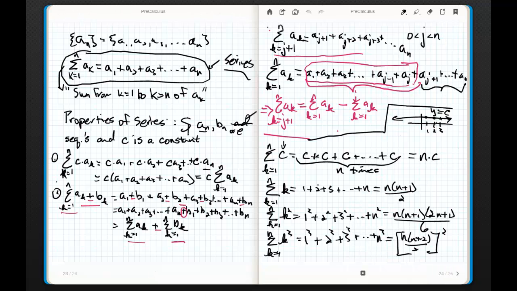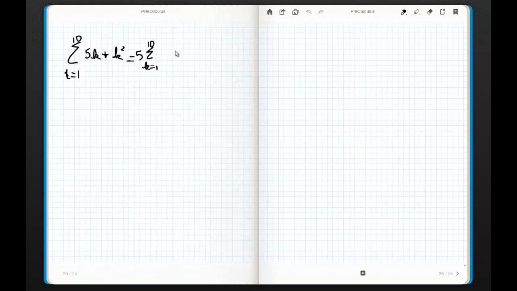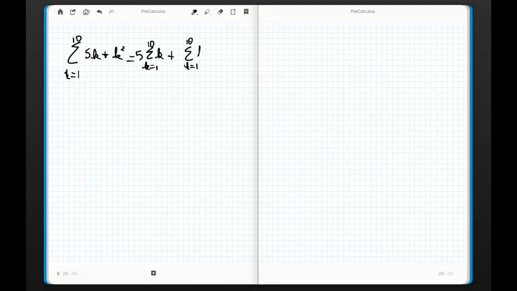Where's my property? Oh, here it is. So that's 5 times the sum of k, plus the sum as k goes from 1 to 10 of k squared. I just use my formulas.